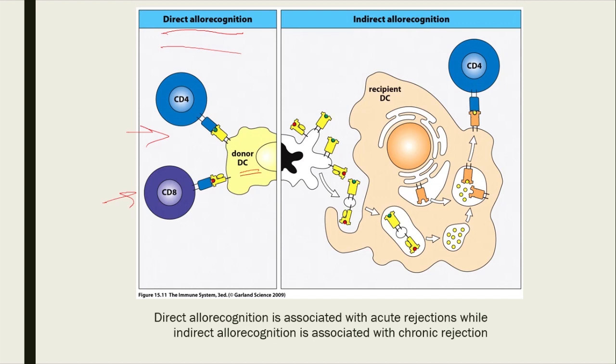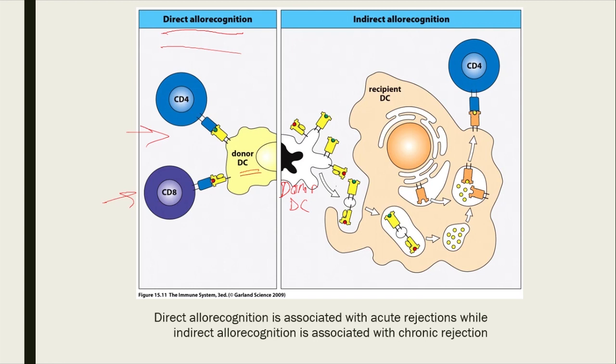There is also indirect recognition of the donor's HLA complexes or peptides. In this case, the dying cell is a donor dendritic cell. When they die by apoptosis, which is a normal thing, they won't live forever, they release these HLA types and peptides.